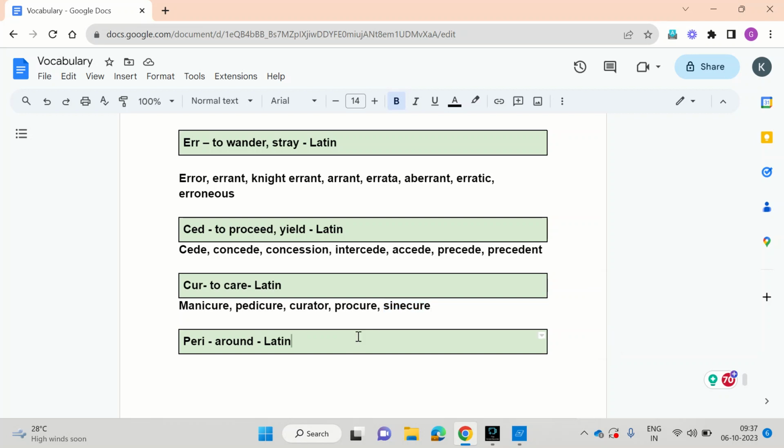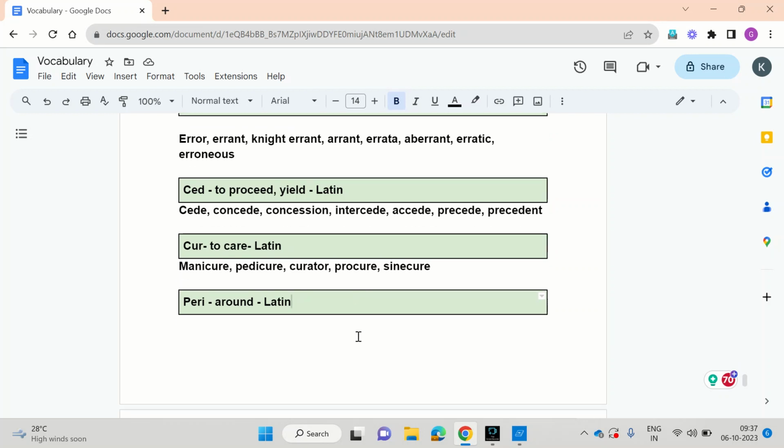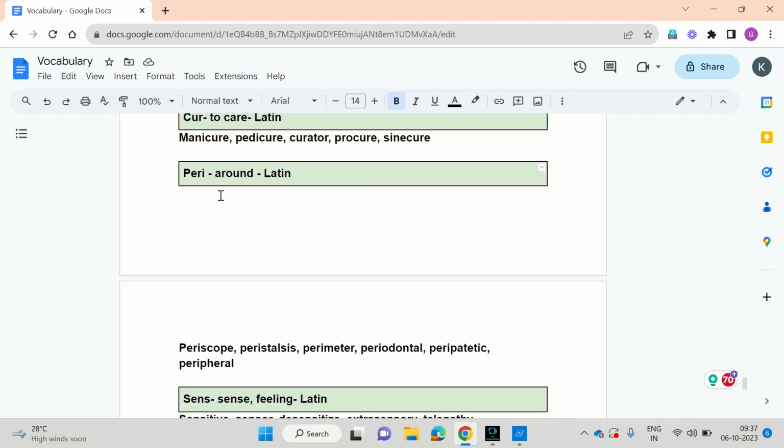Okay, peri. Peri means around. This is how you get the word perimeter. What is perimeter? You go around the triangle, rectangle, whatever the structure is, and measure it. That is perimeter. Periscope. Periscope is the instrument with which you can see on all sides. Otherwise, in a normal microscope, with mirrors and all, you can't see everything.